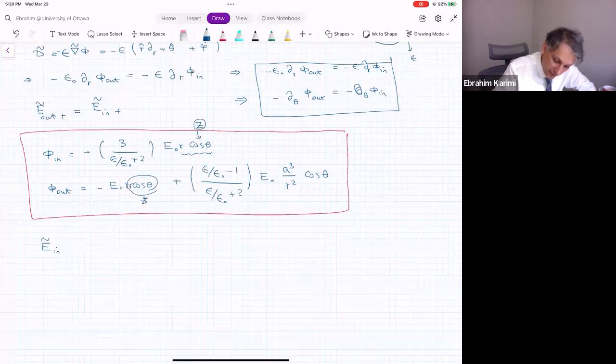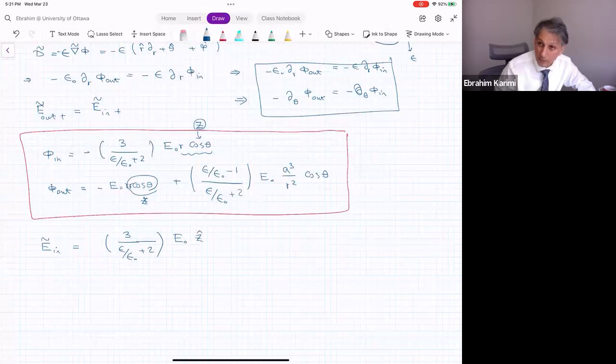That one gets a little bit more complicated, but E inside is given by 3 divided by epsilon 0 plus 2 of E0 z hat. So whatever material it is, the E inside of this will be along the z direction.